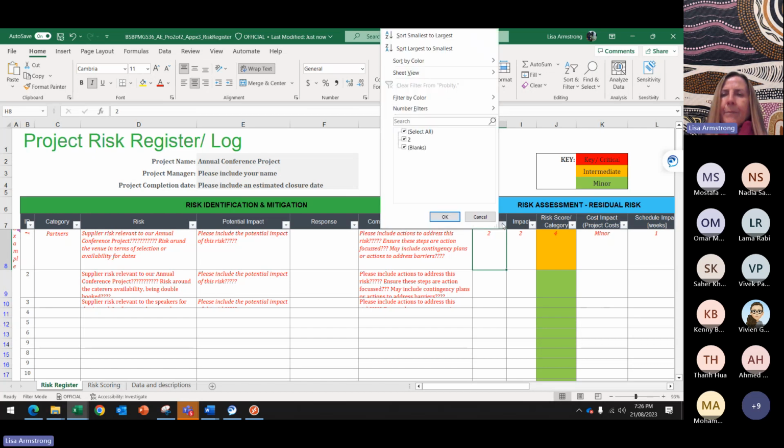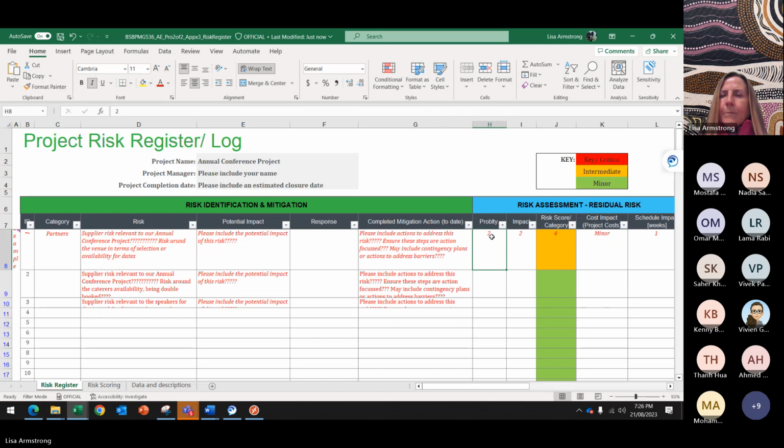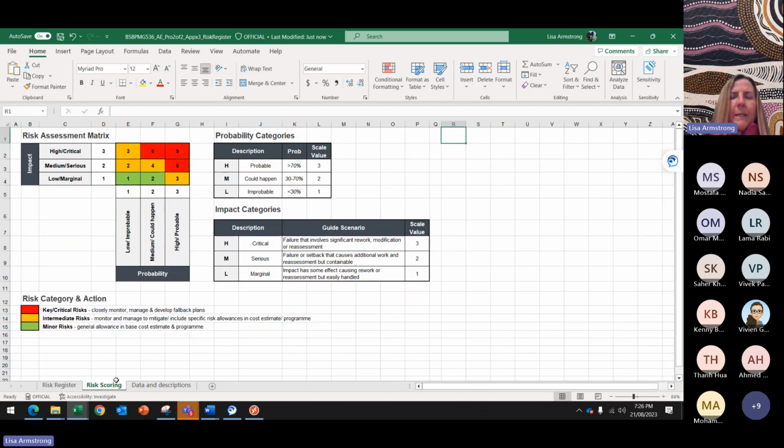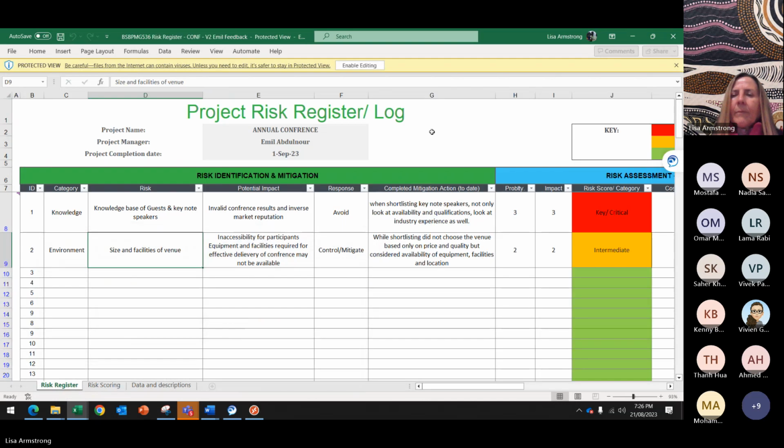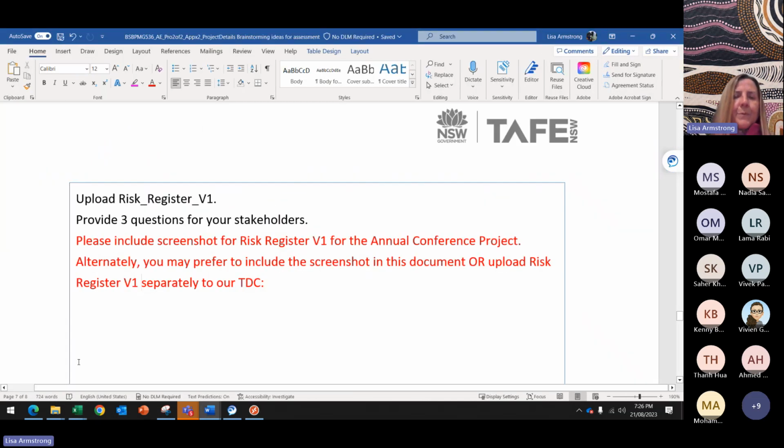Probability might be, now we need to go back for your scoring. Again, go back to your risk matrix. So if we have a low or improbable, it might be a 1 or maybe even a 2. So we look at probability.